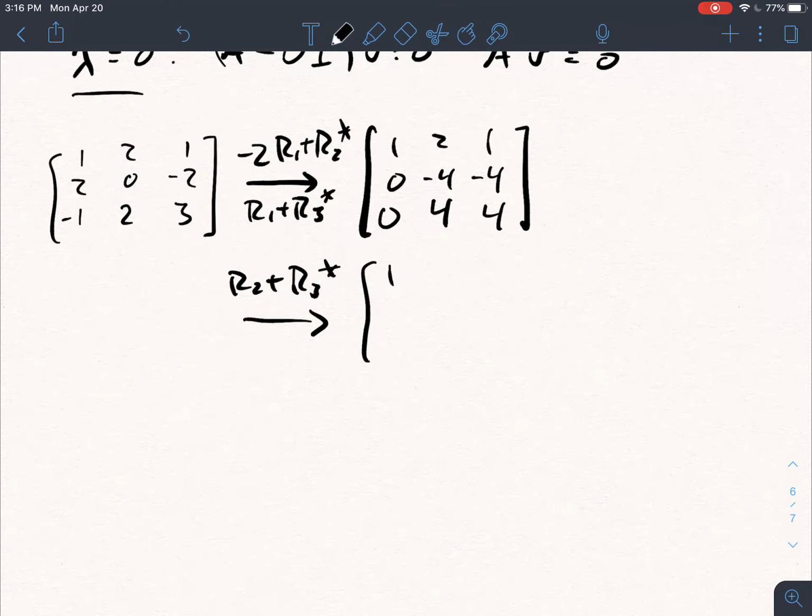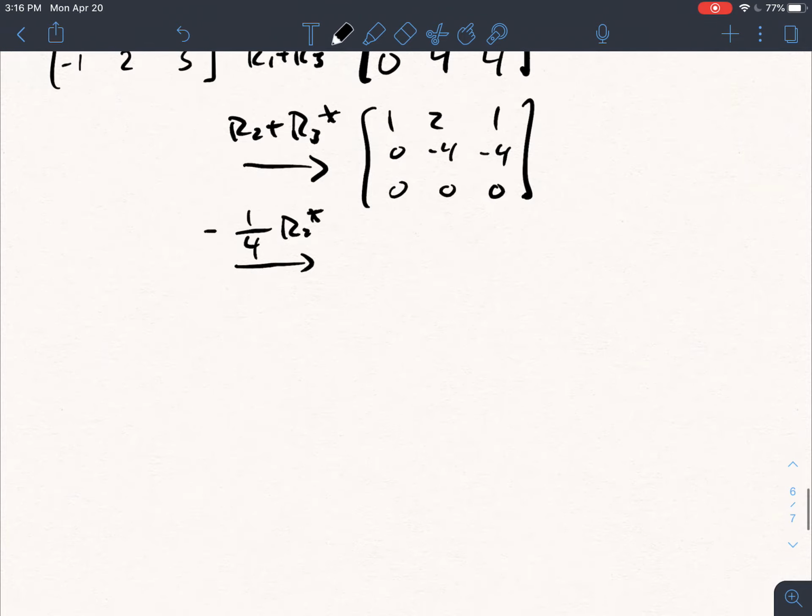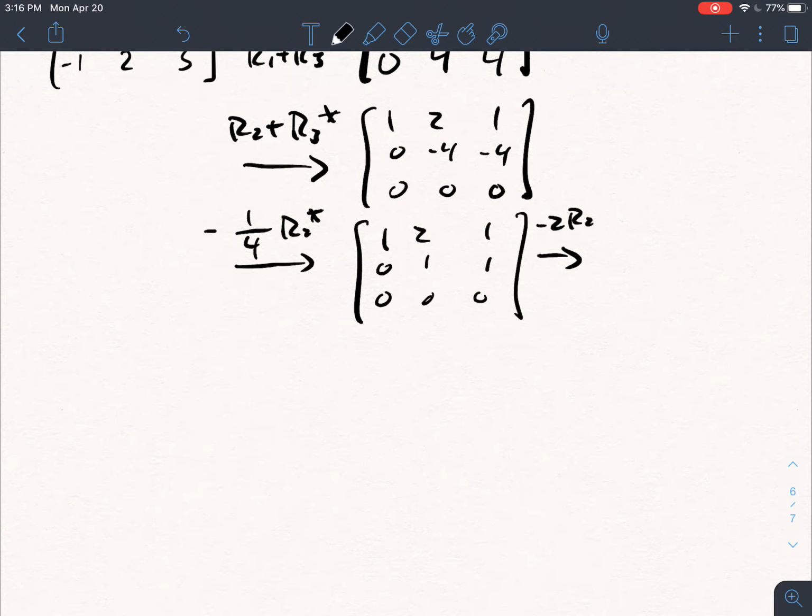And right away I can see that I can add row 2 to row 3 and replace. Okay. And then I'll multiply row 2 by -1/4.